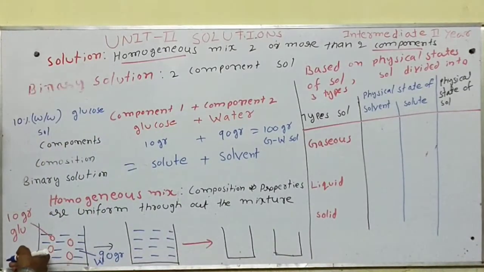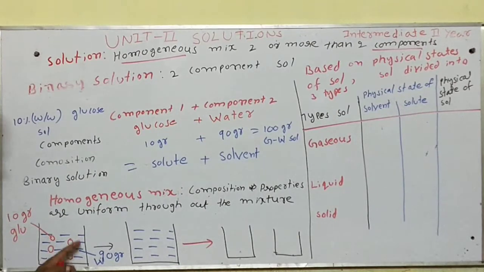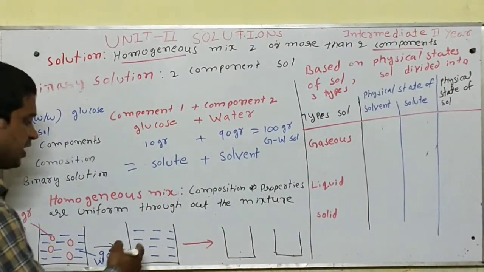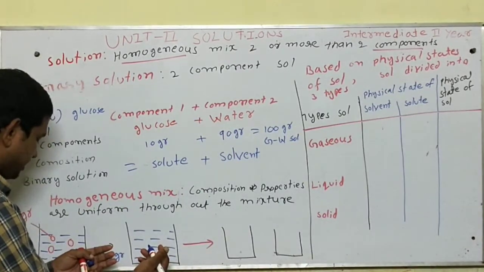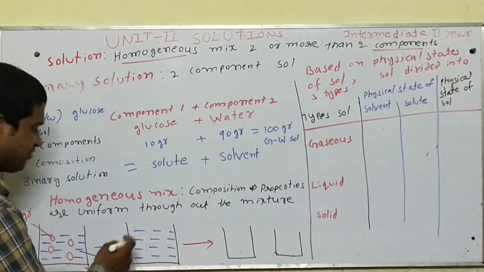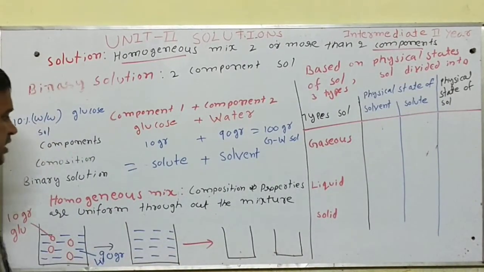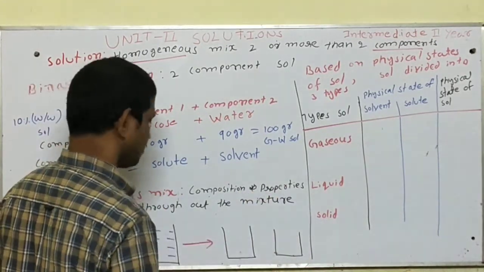In the first case, I am able to see glucose as separate entity and water as separate entity. In the second beaker, I am unable to see glucose as separate entity and water as separate entity. It formed a homogeneous uniform mixture. In this, composition and properties are uniform.